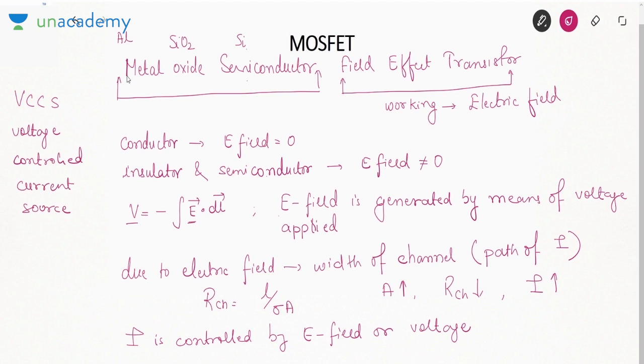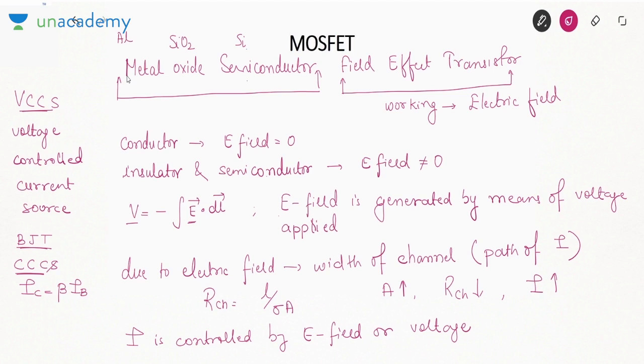So it is a type of dependent source, specifically a voltage controlled current source. Whereas BJT is a current controlled current source, because in that IC is equal to beta IB. By controlling the value of base current, we can control the collector current. So BJT is a current controlled current source, whereas MOSFET is a voltage controlled current source.